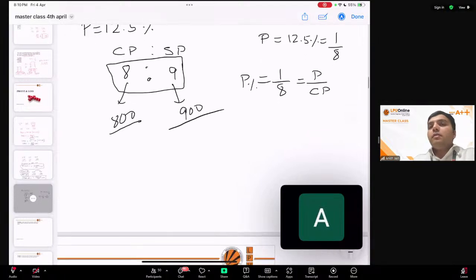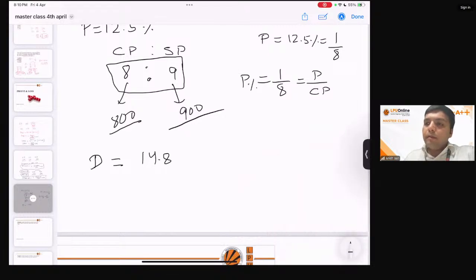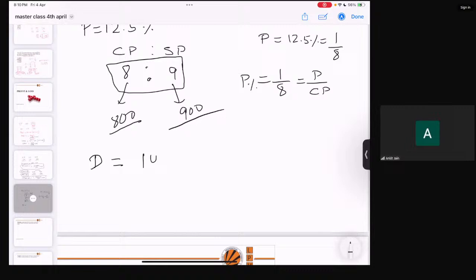Okay, one more question. Suppose the discount is 14.28%. If discount is 14.28%, what is the ratio of selling price to mark price?